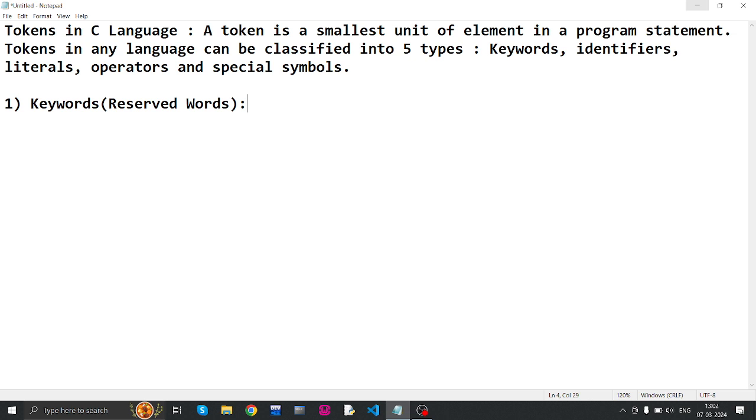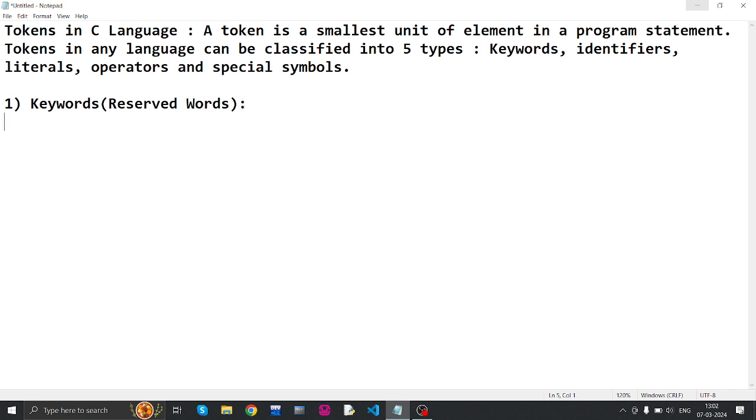Like that, while developing a programming language, the language developers, for our programming requirements, have created some words for us. Each word has a purpose and meaning, and we have to use the word for that purpose only. So we call them keywords or reserved words.